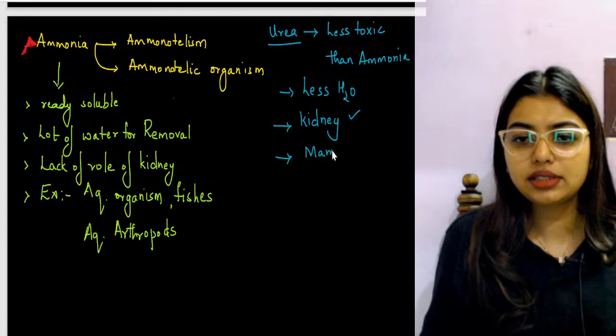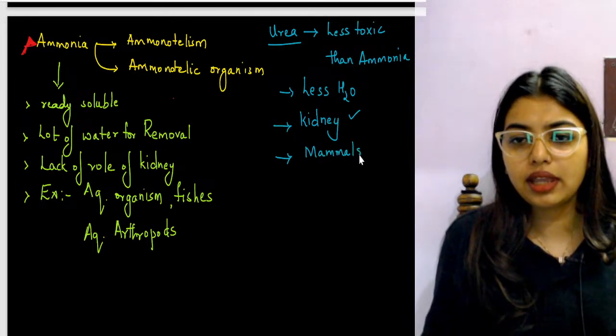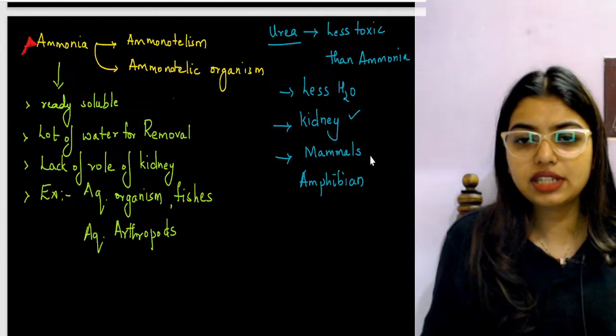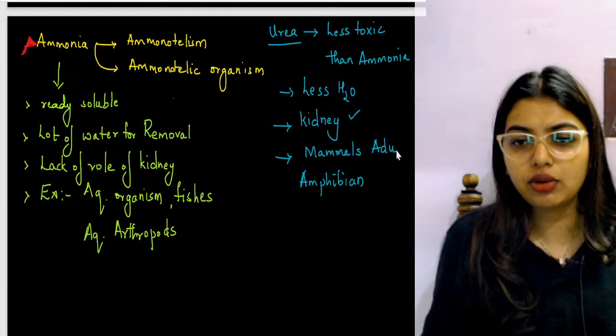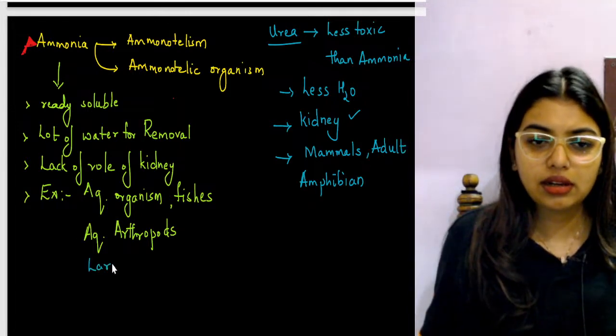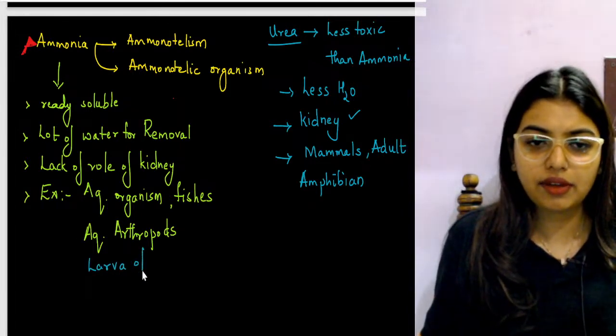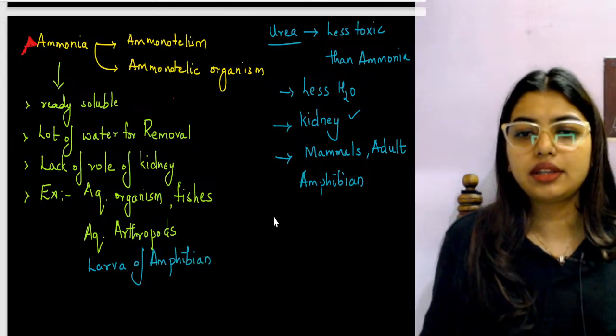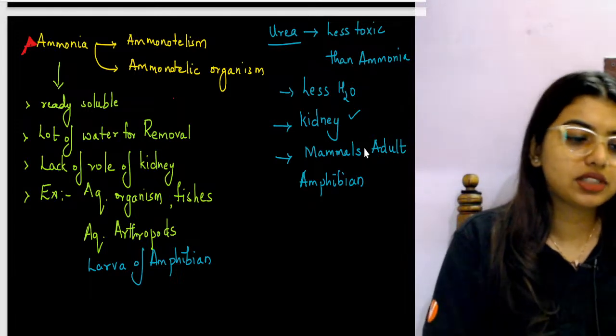Your mammals, adult amphibians. In the larval stage, amphibians are going to give out ammonia only. So here you can write larvae of amphibians. Mammals and adult amphibians all come here.